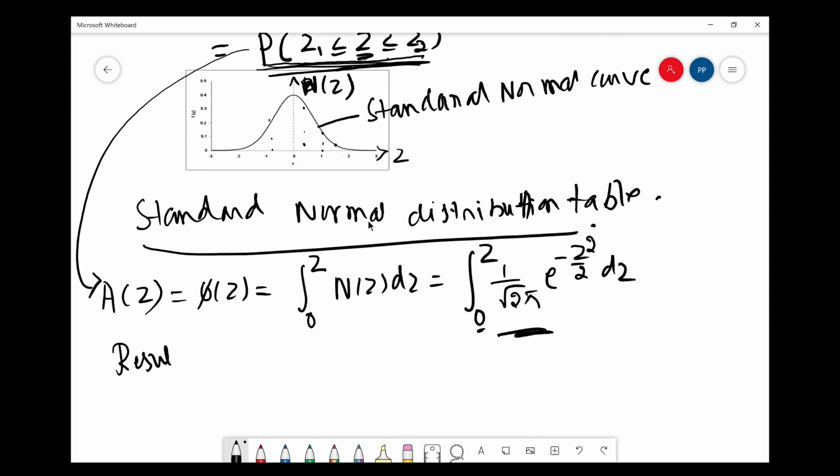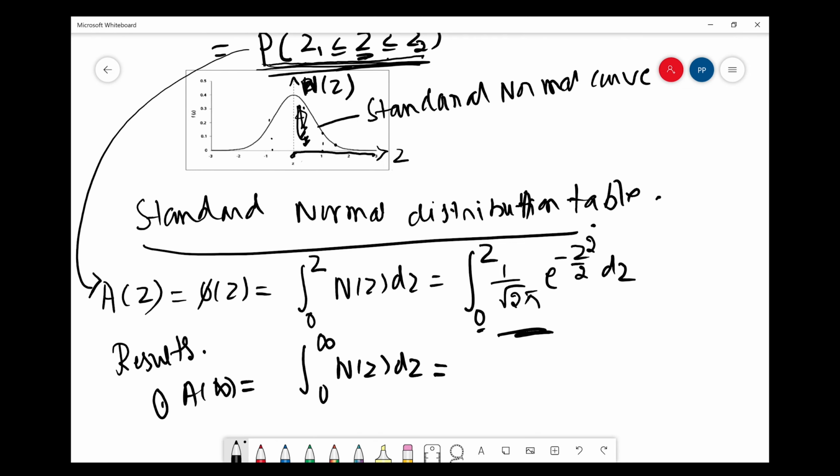The first one: A of infinity, which is nothing but the integral from 0 to infinity of n of z dz, equals the area below the curve from here to here, from 0 onwards, this positive portion.